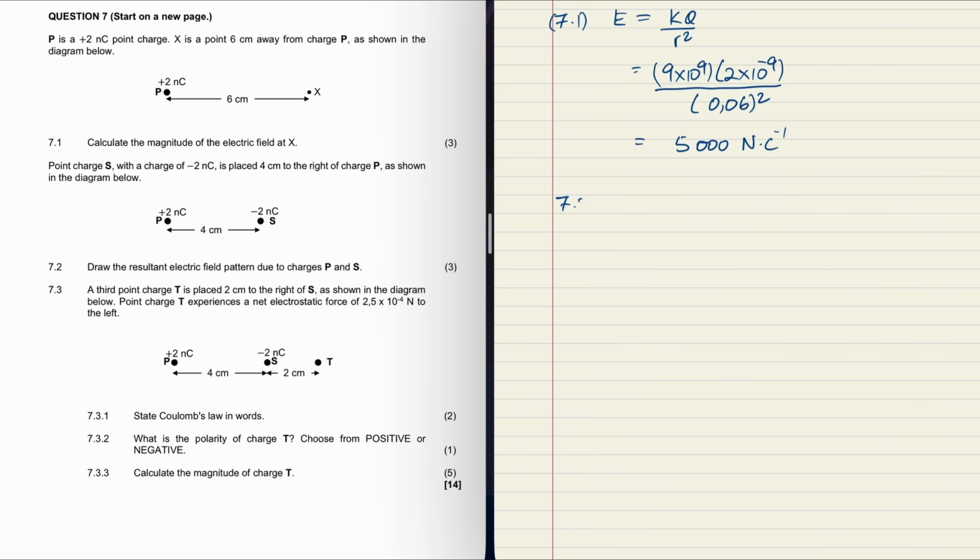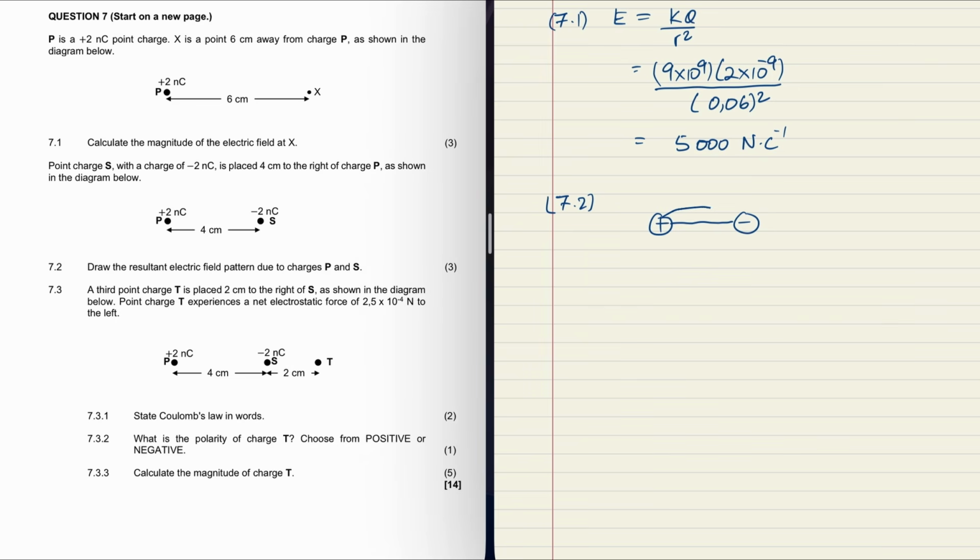Question 7.2. Point charge S with a charge of minus 2 nanocoulombs is placed 4 centimeters to the right of charge P, as shown in the diagram below. Draw the resultant electric field pattern due to P and S. Now P is positive and S is negative, so there will be an interaction. So I'm going to represent it like this, positive and negative, and there will be an interaction like this.